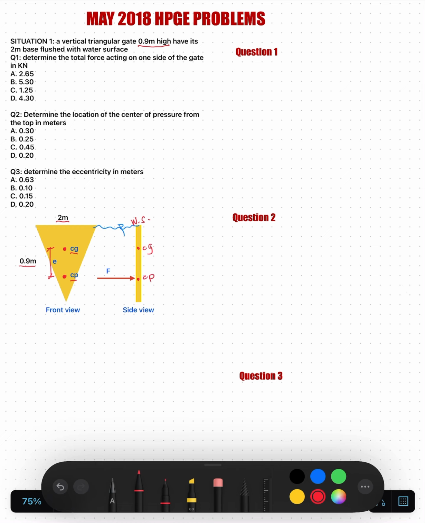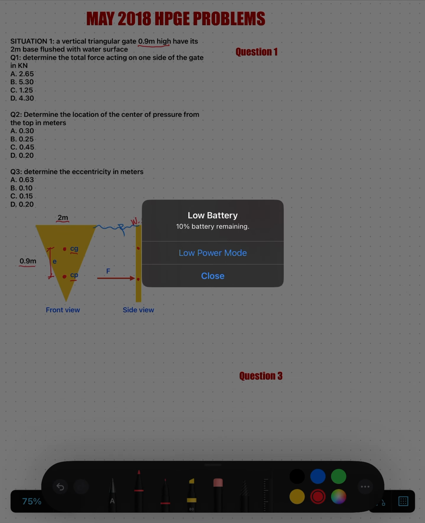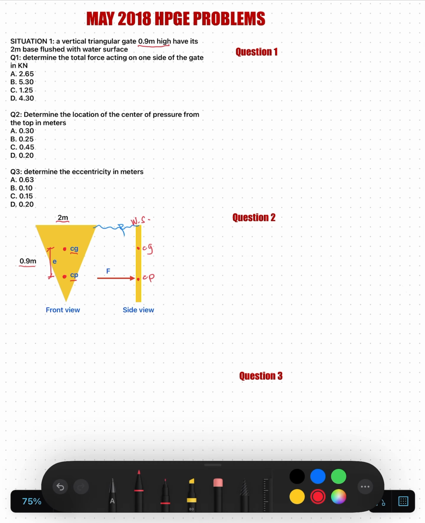Now, it states in question number 1, we need to determine the total force acting on one side of the gate. Of course, if our gate is submerged in a fluid, it will have a force that is the hydrostatic force. So what is the value of that?